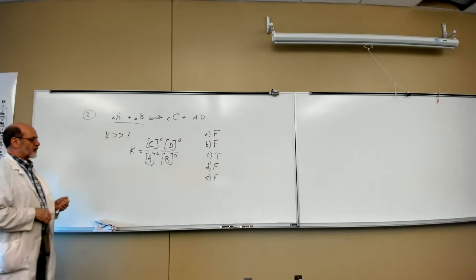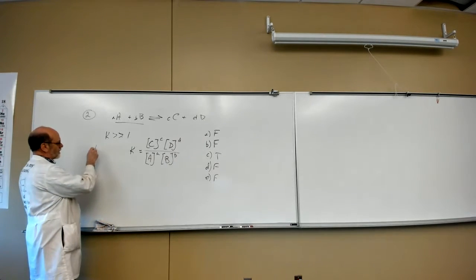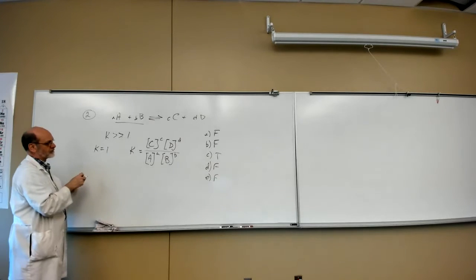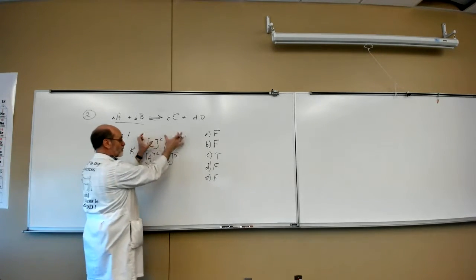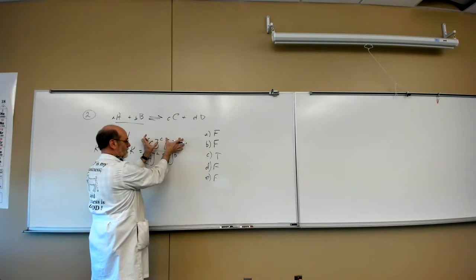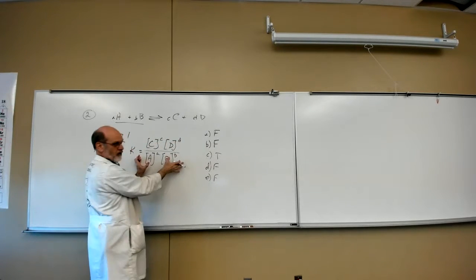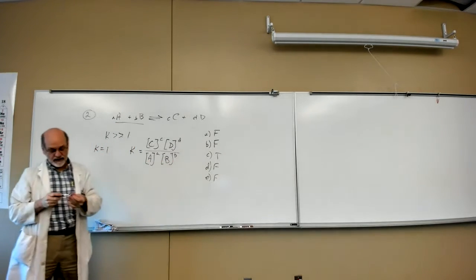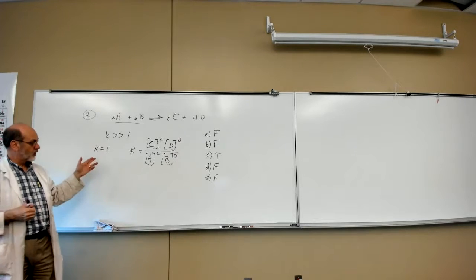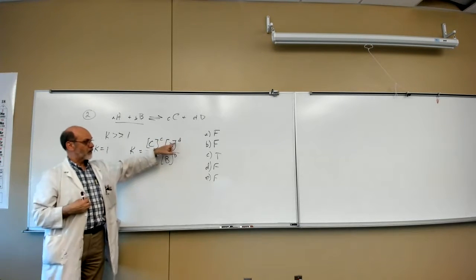Now your book and the authors will say, if K is equal to 1, then that's equal to that. Well, yeah, the entire expression here is equal to that expression. Right? But concentrations may not be exactly equal. Why? Because you've got these powers.